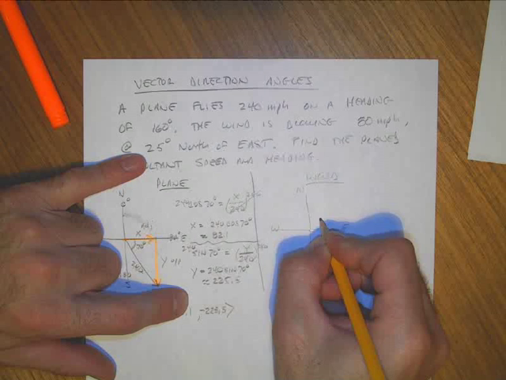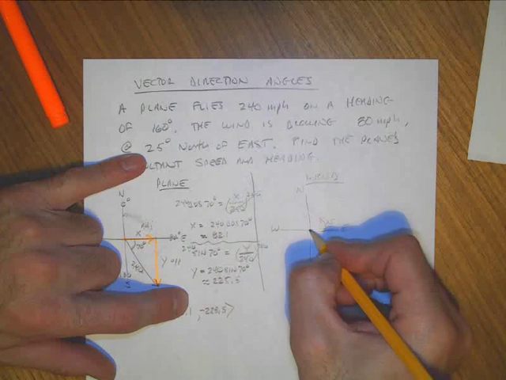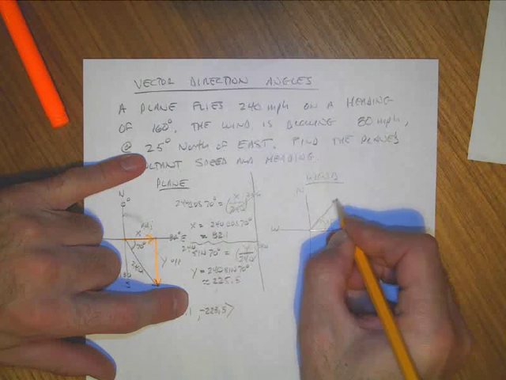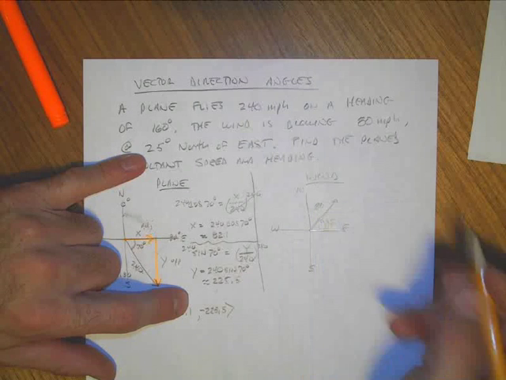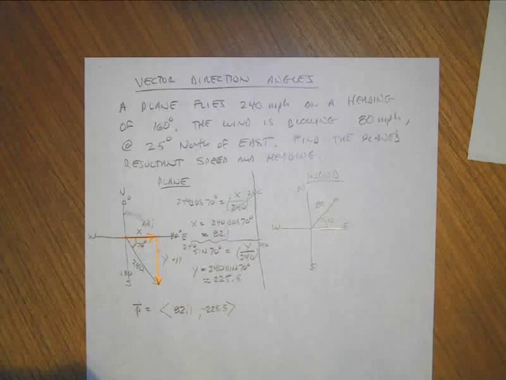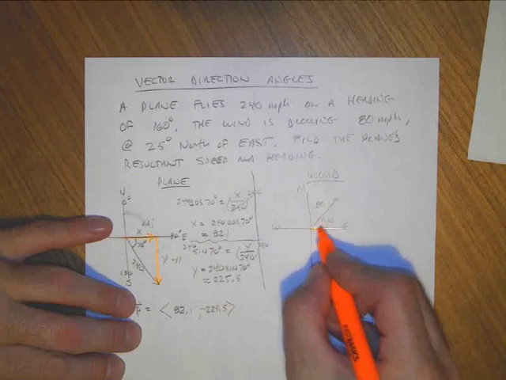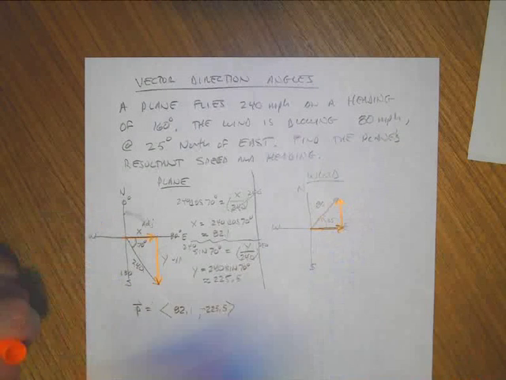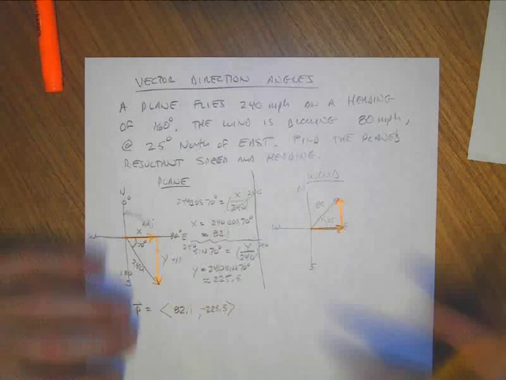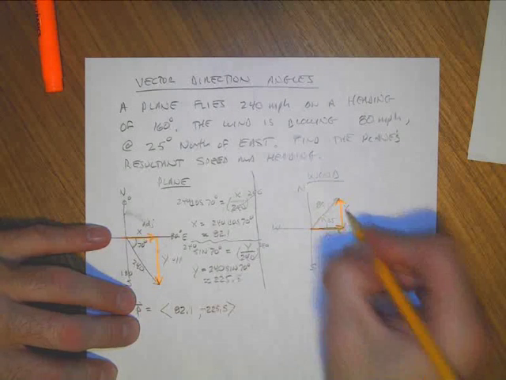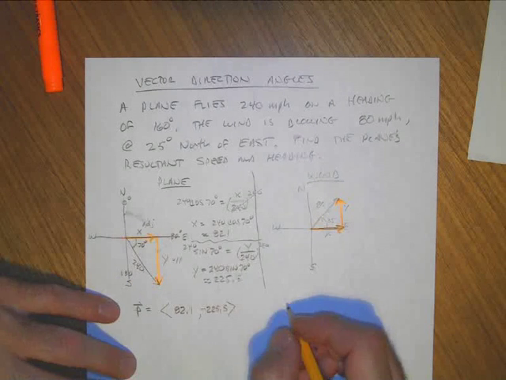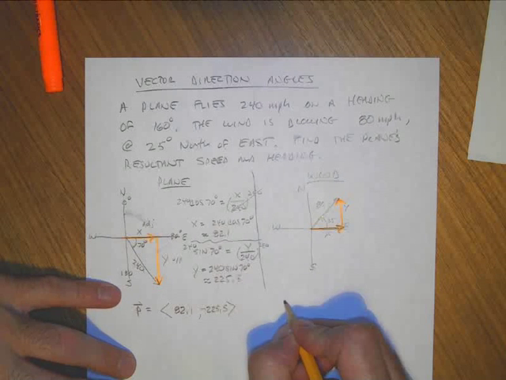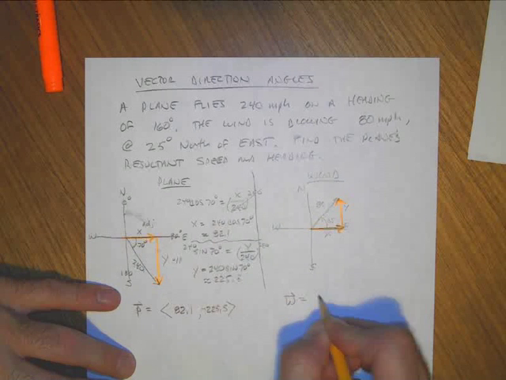So our angle is going to be 25 degrees, and our wind is going to be 80. And so we are going to go in the x direction and the y direction to go tail to tip. So we need to find those x and y components for the wind, which we will call the w vector.